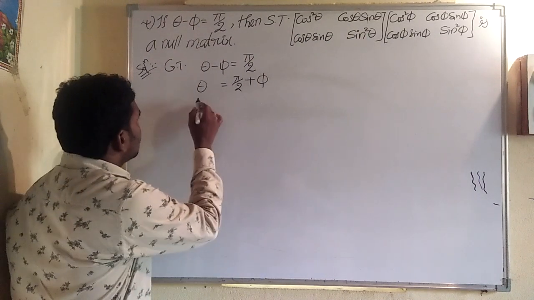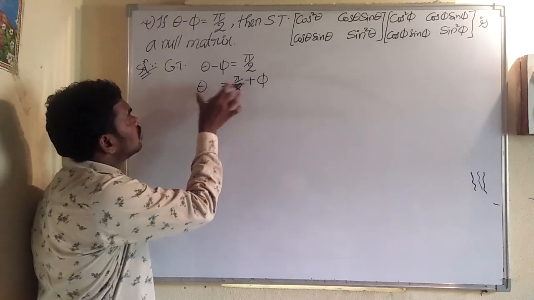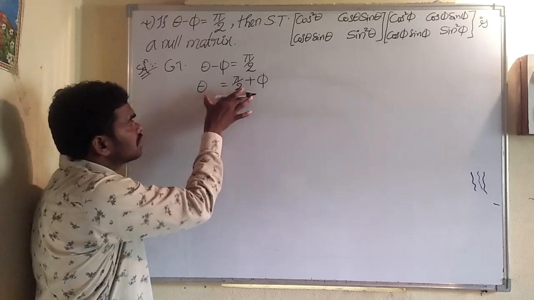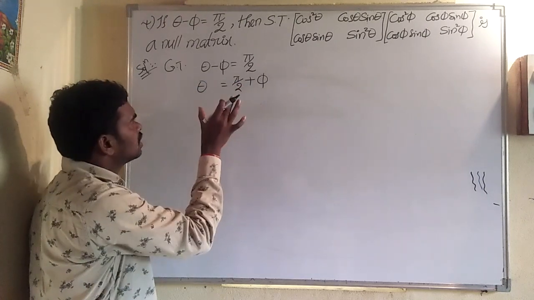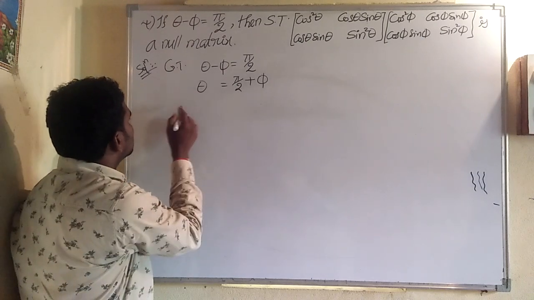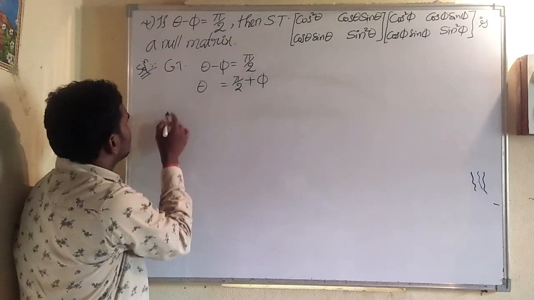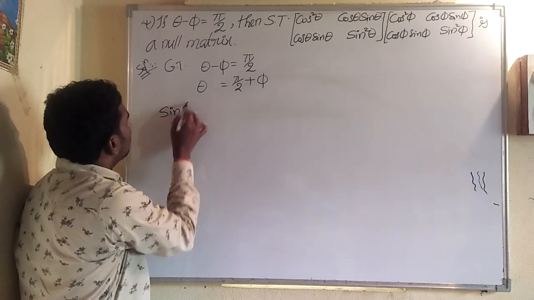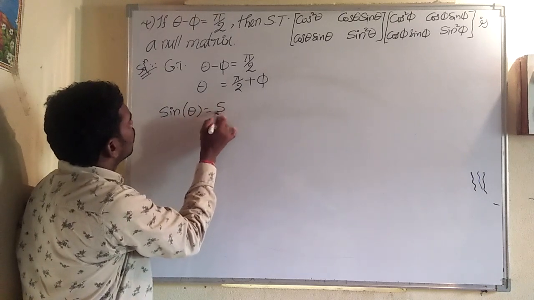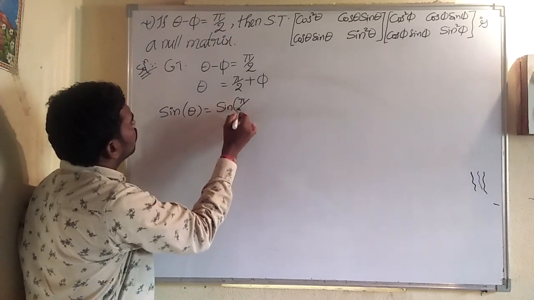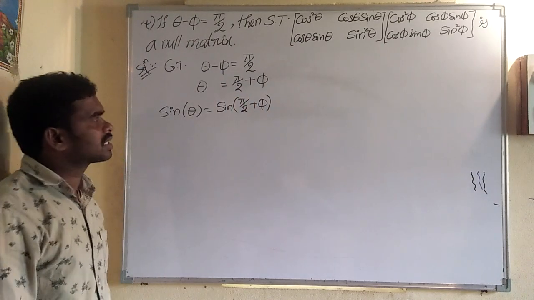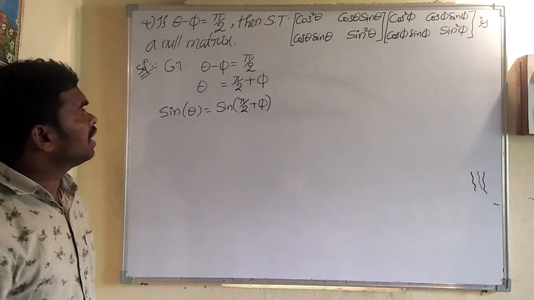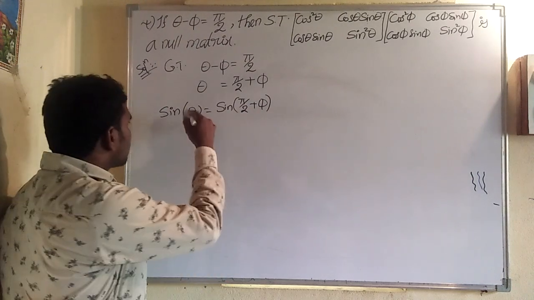First apply sine on both sides, and next apply cos on both sides. Taking sine on both sides, sine theta is equal to sine of pi by 2 plus phi.